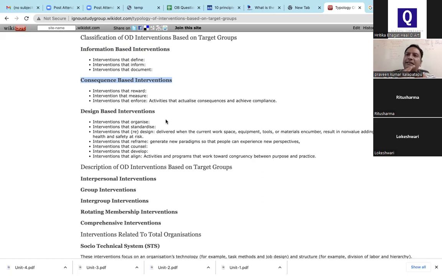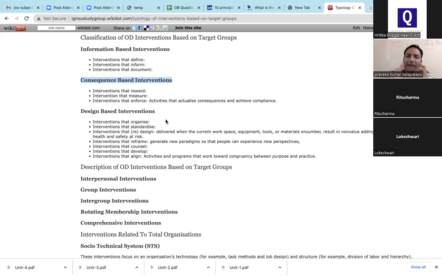Similarly, interventions where you measure how a particular thing is happening and what the outcome is are also consequence based. And even enforcing certain things: there is a policy and you make sure that it is enforced. That is also consequence based.